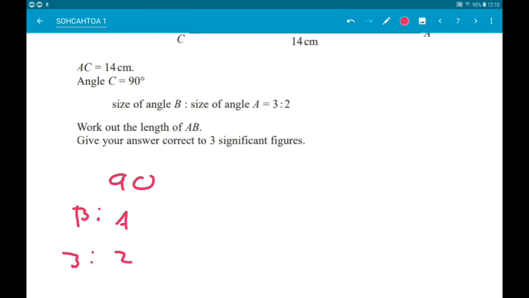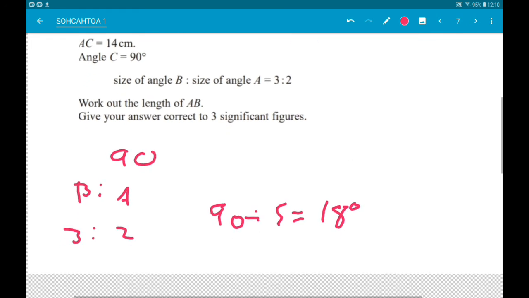Okay, so altogether the ratio has 3 and 2 equal parts. That's 5 parts. The first thing we need to do is work out how much one part is worth. So 90 divided by 5 is 18 degrees. So every one part of the ratio is 18 degrees.